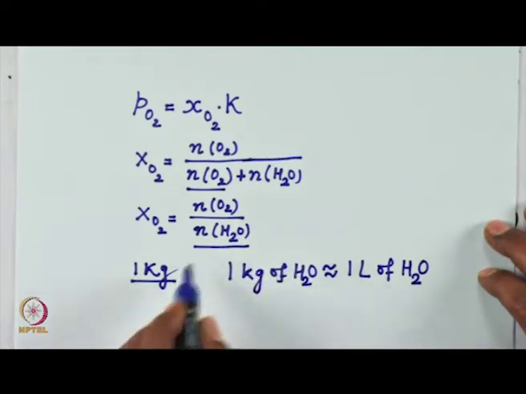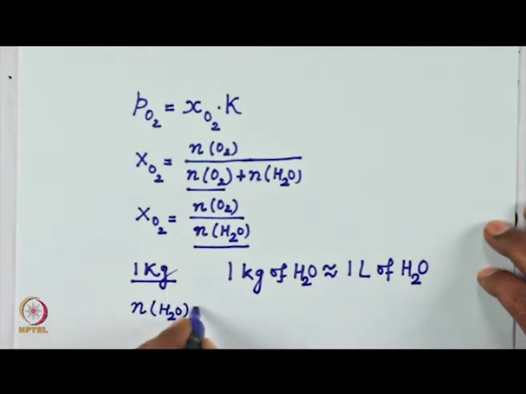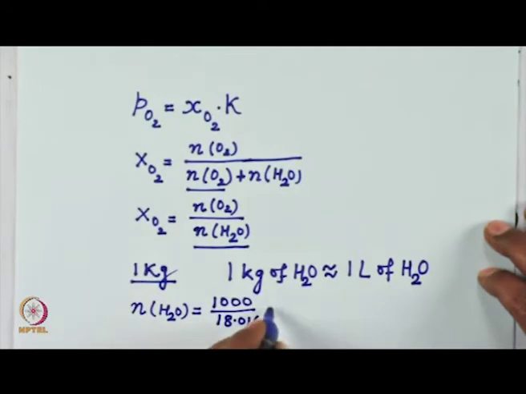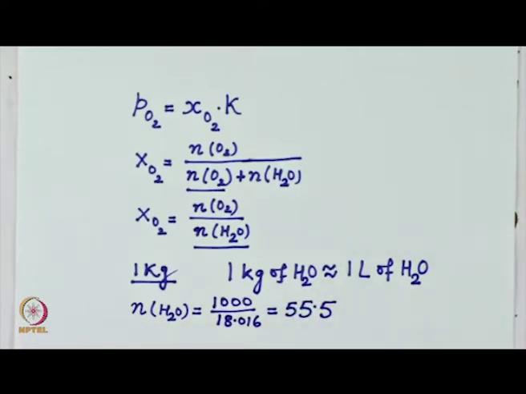because the density is approximately 1. So, therefore, the number of moles of water, if I consider 1 kg, that is 1000 gram by 18.016, is about 55.5. These many moles are there.